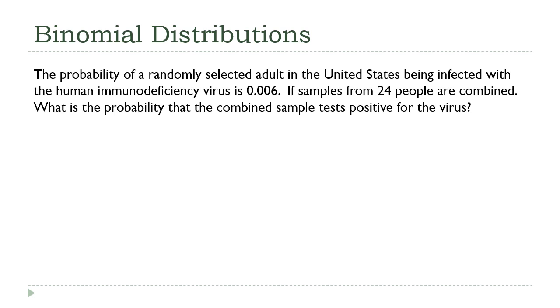So now I want to look at a slightly more practical problem, a slightly more complex problem that comes from a practical situation. Let's say we have this scenario where we're working in a lab and we need to test a bunch of samples for a specific illness, and that illness is relatively rare.